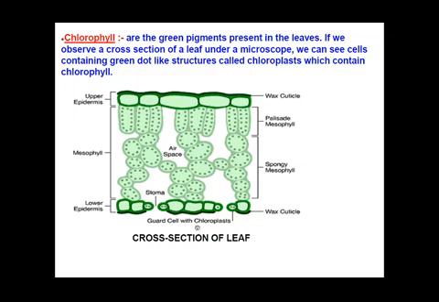We see that each of the cells contains some minute dot-like structures. These are known as chloroplasts, and inside these chloroplasts, chlorophyll is present.